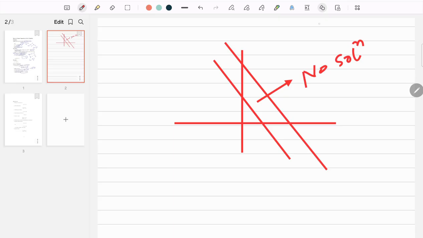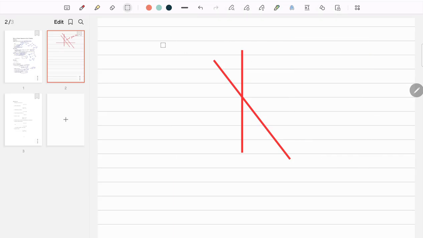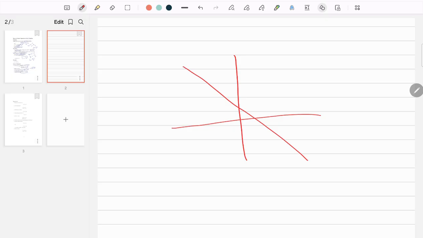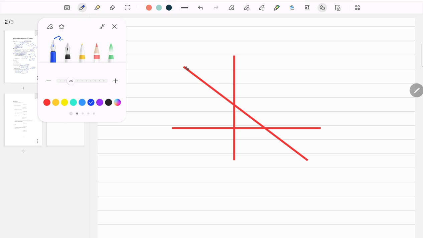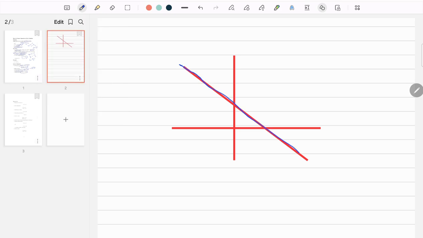Let's check another case. If line 1 is like this and another line is coincident on the same line, then there are infinitely many solutions, because they intersect many times with each other.